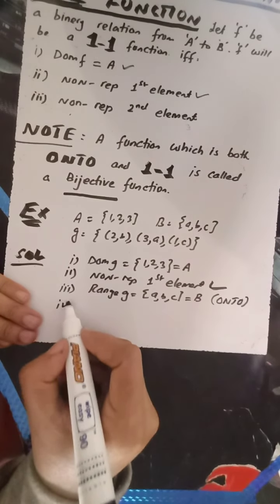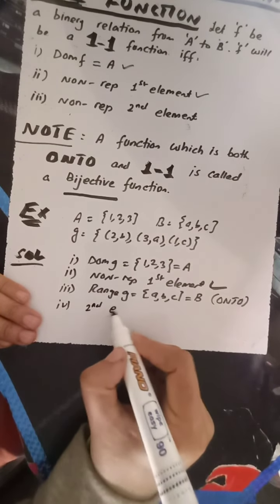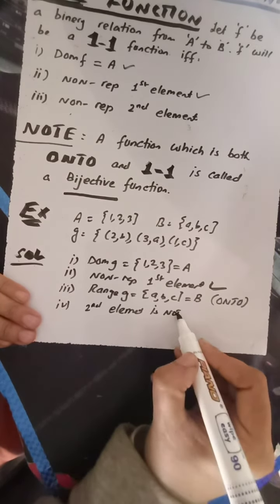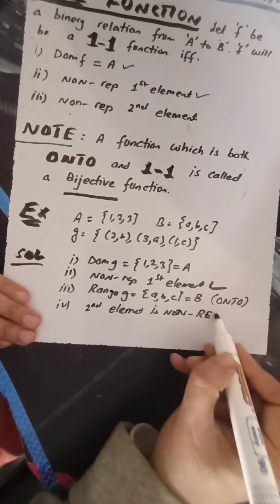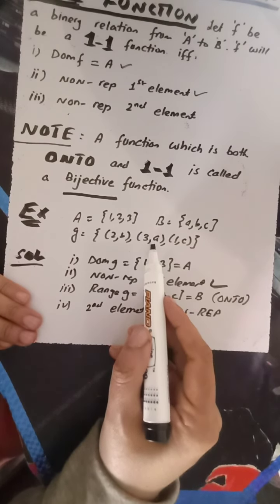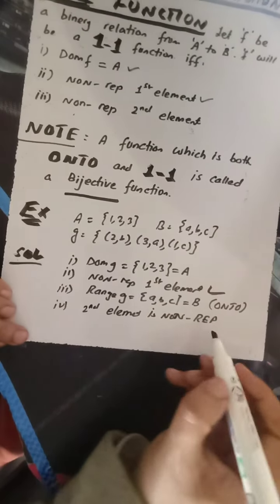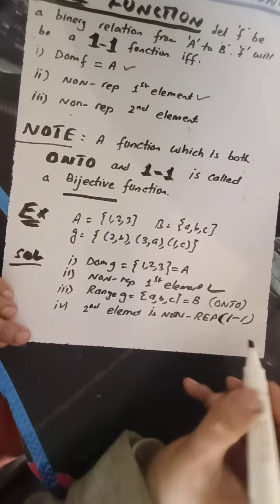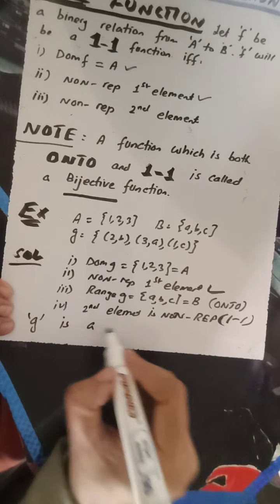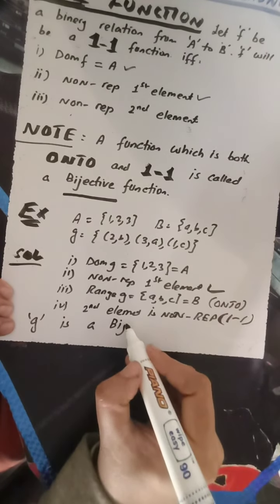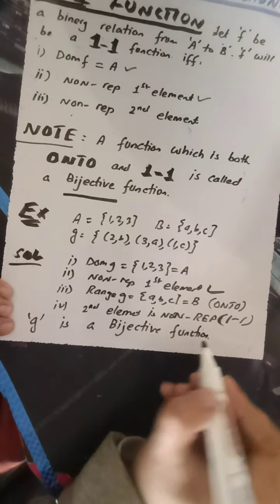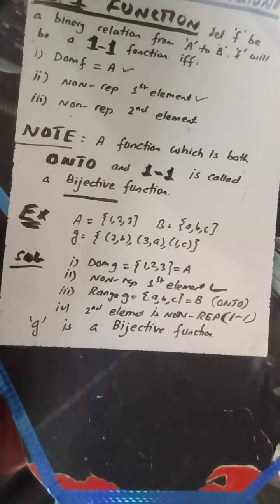Now if we check one more condition, that the second element is non-repeating: the second element is not repeating because b is used only once, a is also used only once, and c. So it means that it is a 1-1 function also. So it is both onto and 1-1. Therefore g is a bijective function.